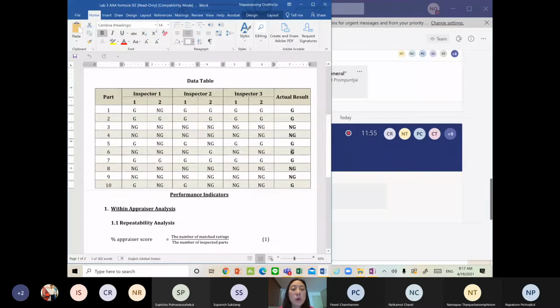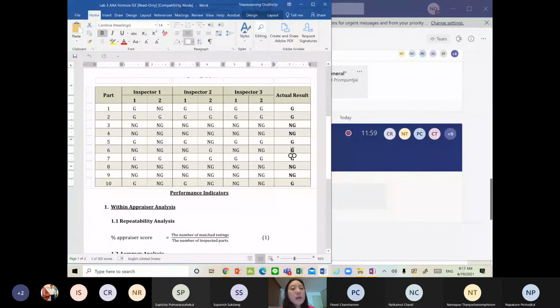Now we want to appraise the performance of each inspector in terms of repeatability and also the accuracy of the results against the actual results. How do we get the actual result? How do we know that this part is G or NG?